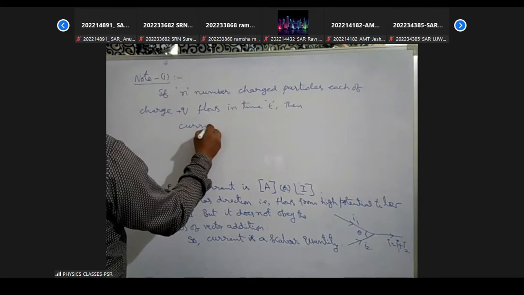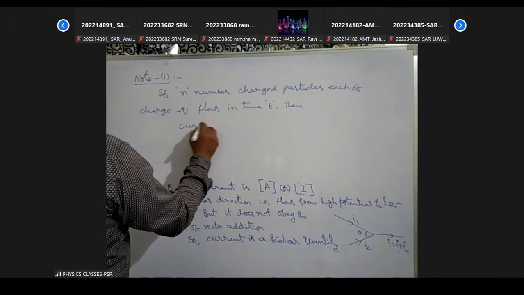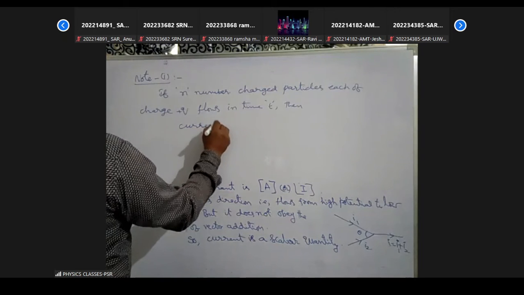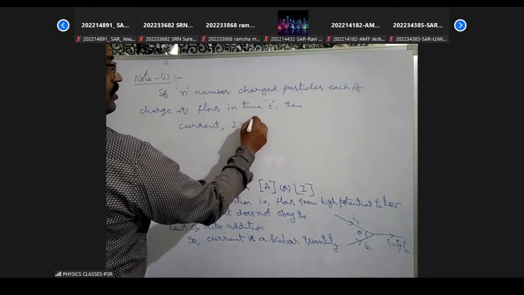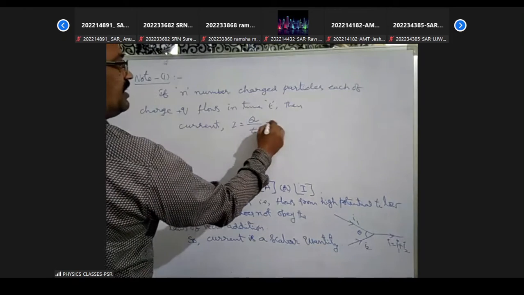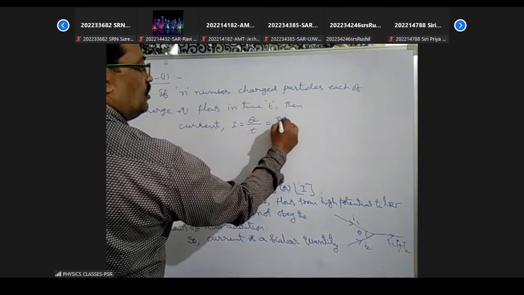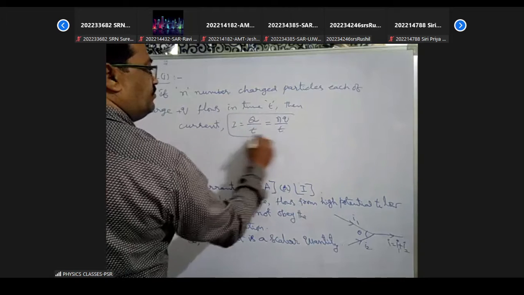Equivalent current I is equal to total charge by total time taken, which is equal to nq by t.